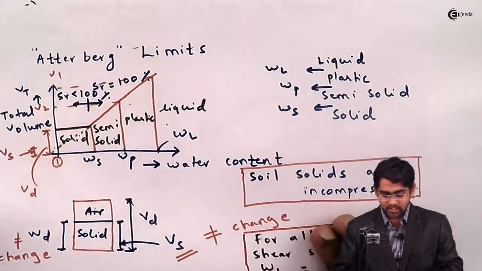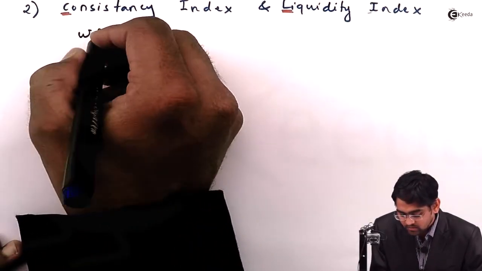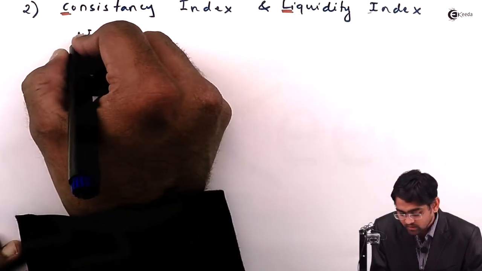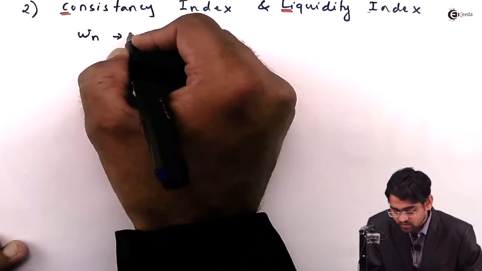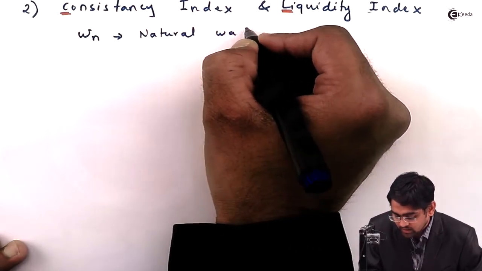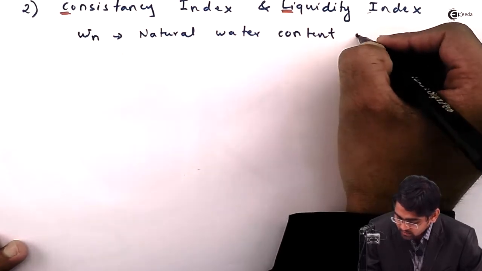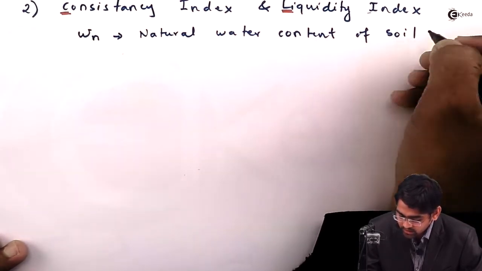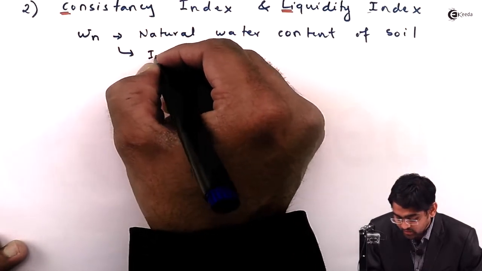So I denote the natural water content by symbol small w suffix small n. It is nothing but the natural water content of soil, or I'll call it the at present or in situ water content.